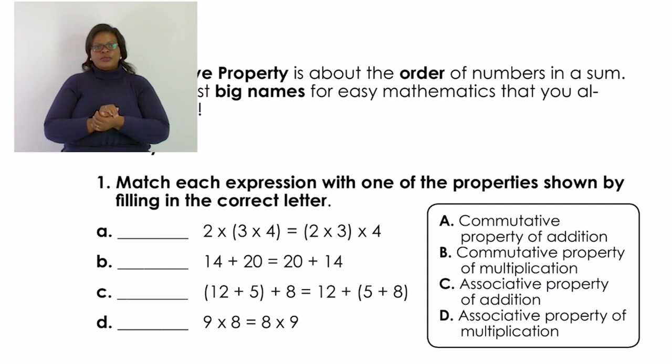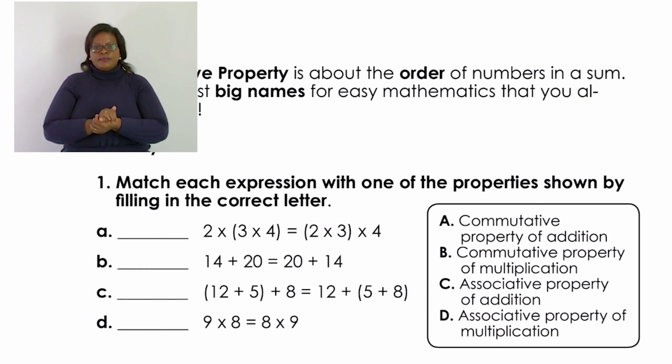The aim for this activity is to recognize what type of operation, what type of property is in operation. Are we together? So, there are 4 types of properties. All right? I said 4 types, so each property has 2 types.